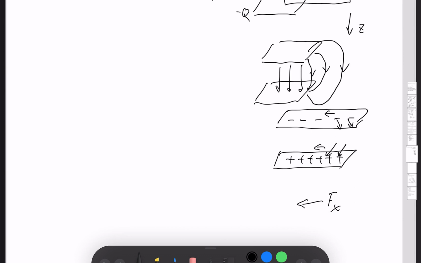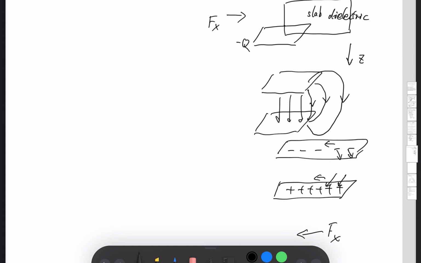But in reality this fringing field is not easy to calculate, because it's a problem that can only be solved numerically.